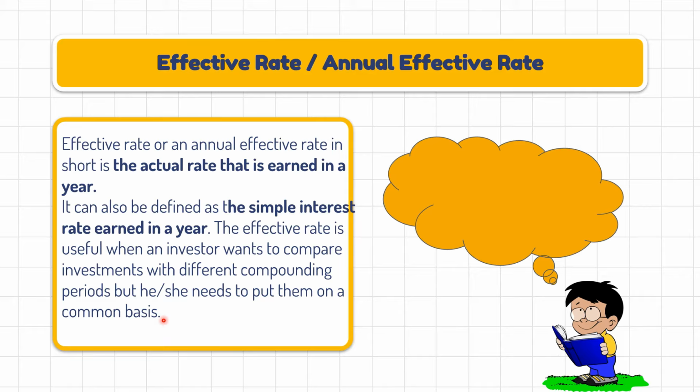Therefore, here we have the formula for effective rate, which is RE equals 1 plus I to the power of M minus 1. So we need to use this formula in order to find the effective rate.